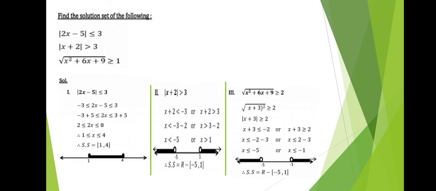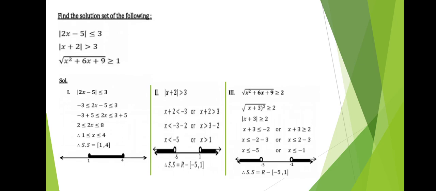Last one, square root of x power 2 plus 6x plus 9 bigger than or equal to 2. The expression inside the root I can make a perfect square, so it will be the square root of x plus 3 all to the power of 2. We can cancel the power 2 with the square root, so it will be absolute value of x plus 3 bigger than or equal to 2. It has two solutions: x plus 3 smaller than or equal to negative 2, or x plus 3 bigger than or equal to 2.